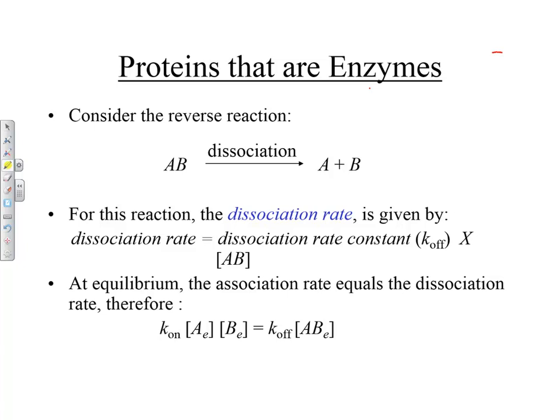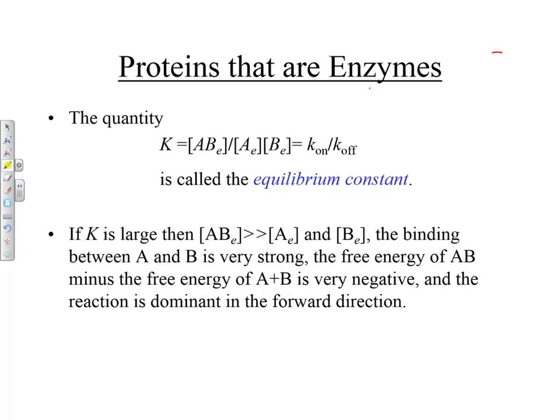Now this quantity, the equilibrium concentration of AB divided by the equilibrium concentration of A times the equilibrium concentration of B, is called the equilibrium constant.